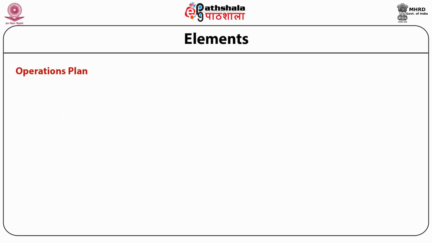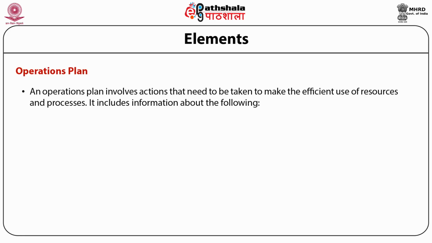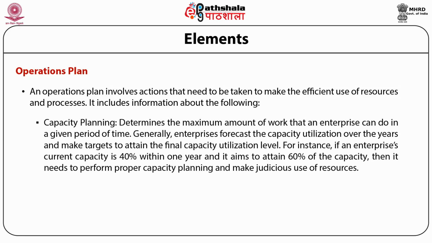Operations plan. An operations plan involves actions that need to be taken to make efficient use of resources and processes. It includes information about the following: capacity planning. It determines the maximum amount of work that an enterprise can do in a given period of time.